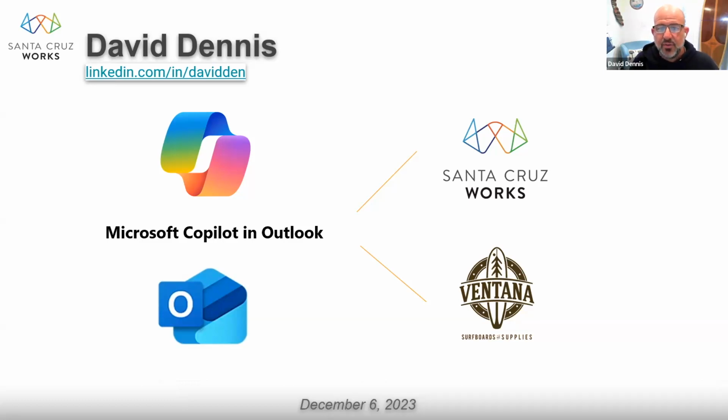And so what I'm going to show you is the new version of Outlook that's available for free today in Windows 11. And I'm going to show it in the context of an interaction that I'm going to have with Doug at Santa Cruz Works from within Ventana, our environmentally responsible surf company that we've had now for close to 10 years.